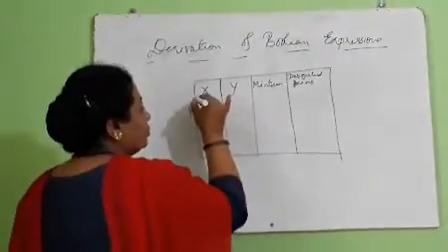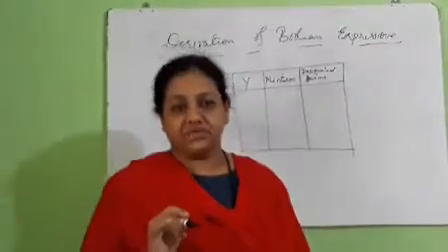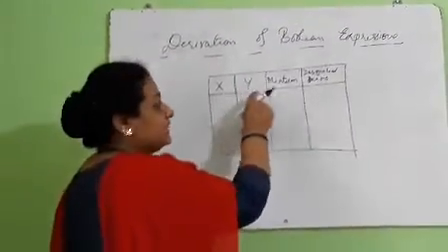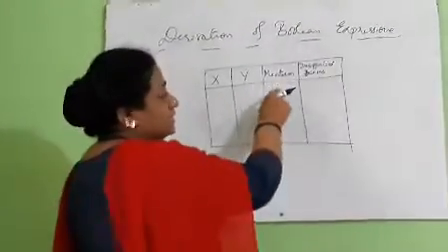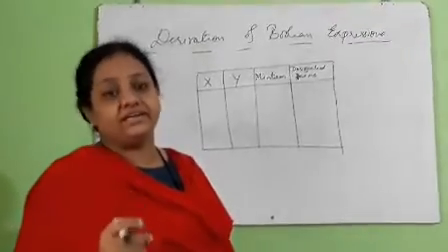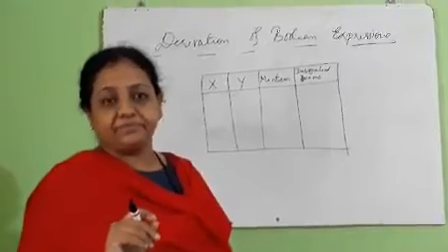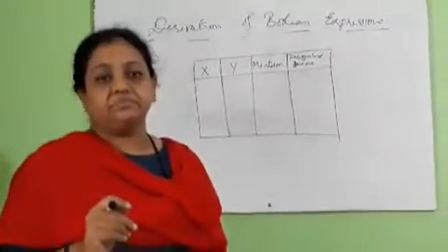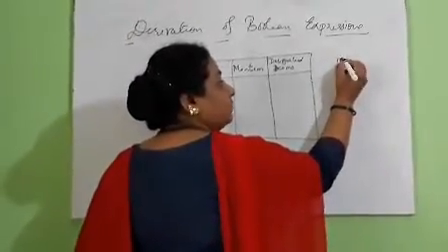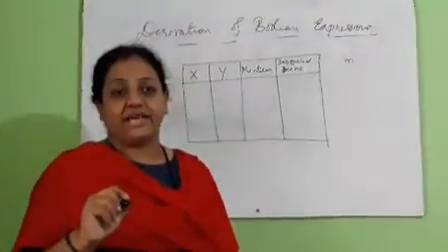In order to write a truth table for a minterm expression, we use the two variables x and y, the corresponding minterm, and the next column is the designated term. I will tell you what a designated term is. It is quite easy. In Boolean algebra, the minterm is represented with the letter m, lowercase m.